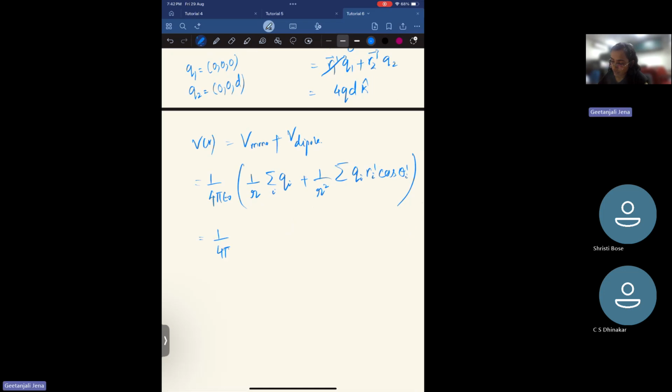So 1 by 4 pi epsilon naught, 3Q by R plus 4QD cos theta by R square. This is due to the monopole contribution and this is due to the dipole contribution. Okay.